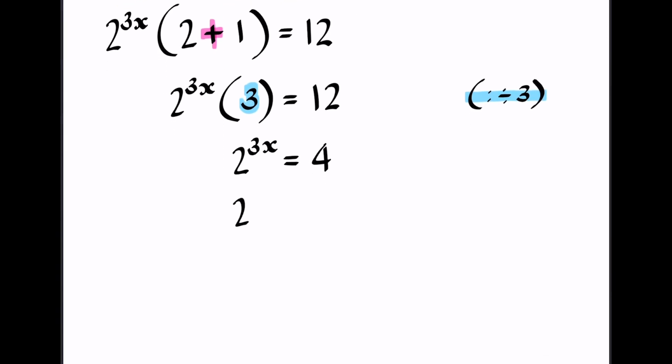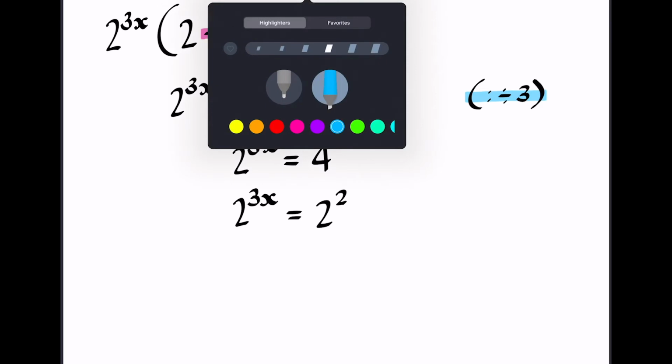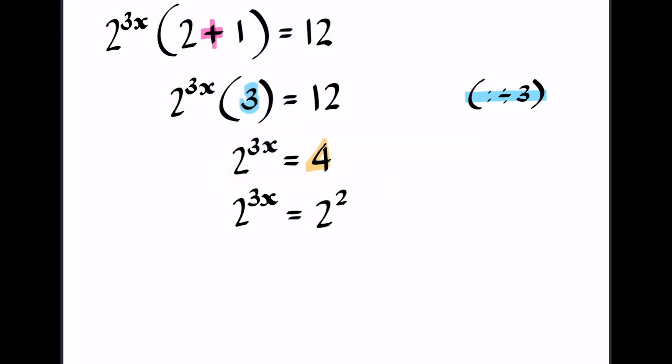So 2 to the power of 3x is equal to 4 becomes 2 squared. So this 4 became this 2 squared. Now that the bases are the same, I can now drop the bases. So I can say that 3x, equate the exponents, 3x is equal to 2.